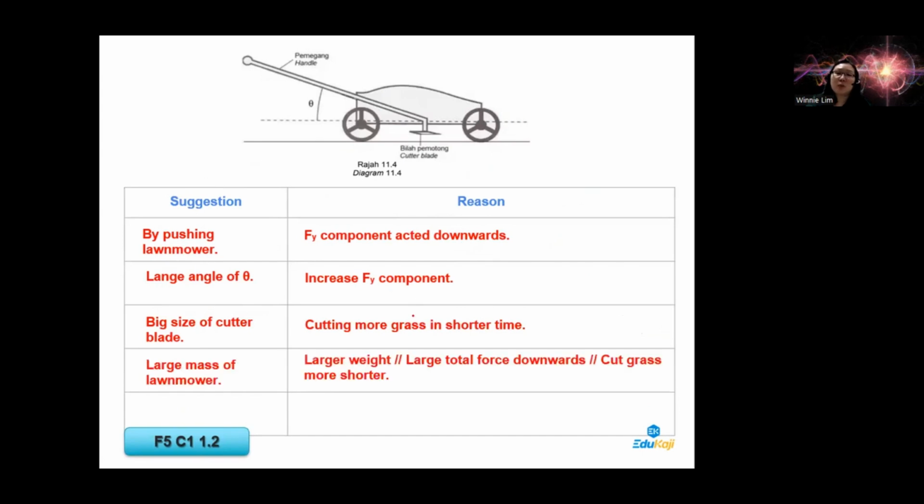A larger mass of the lawn mower gives larger weight, larger total downward force. And lastly, a longer handle makes handling the lawn mower movement easier, so less force or effort is needed to push the lawn mower.